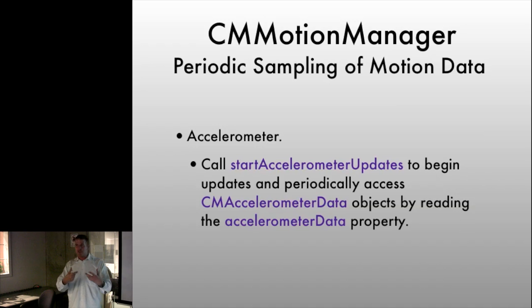The CM Motion Manager exposes this property, and you can query it at any time that you want. As long as you've called start updates and haven't stopped the updates, it'll keep updating this property with the current motion values that the sensors are picking up.